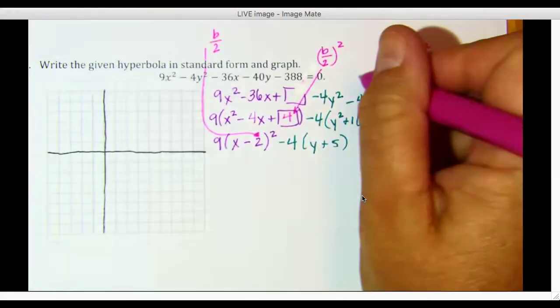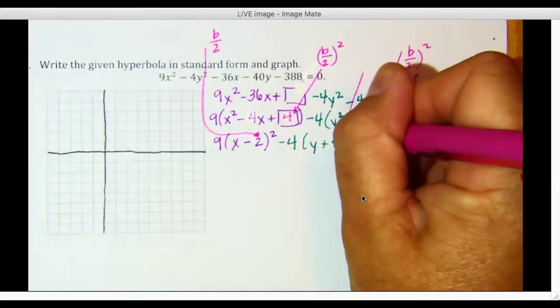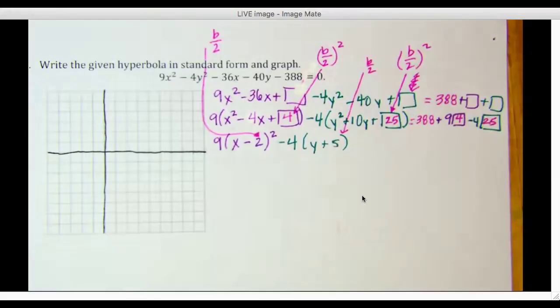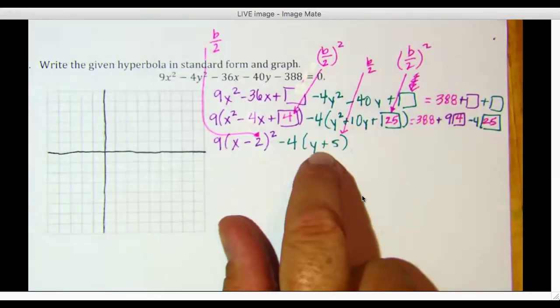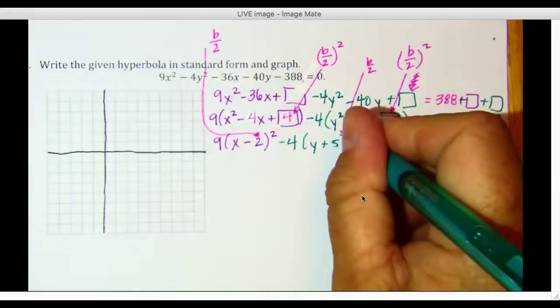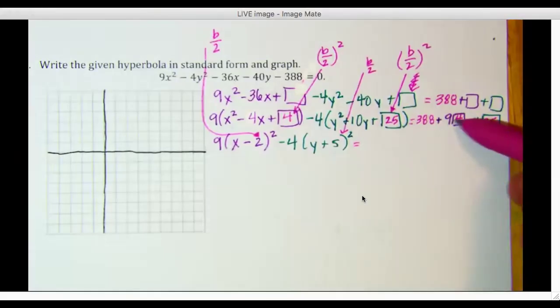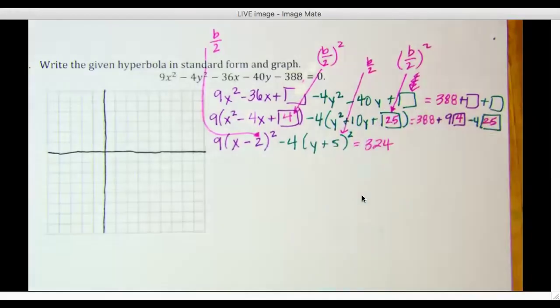Again, this is b divided by 2. Okay. So here where it was -4, it stayed negative. Here it was +10, it stayed positive. And that's squared. And then this is going to be equal to 388. And then 9 times 4 is 36. And then -4 times 25 is -100. So 388 plus 36 minus 100 is going to give us 324.